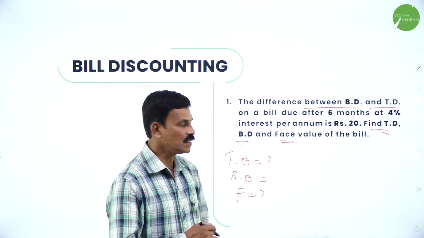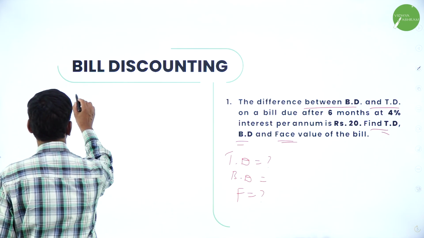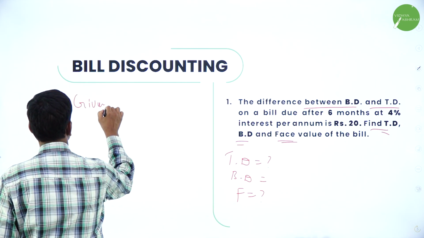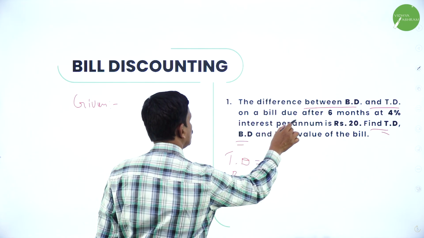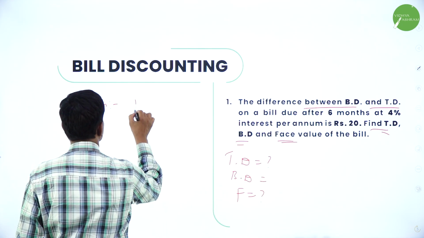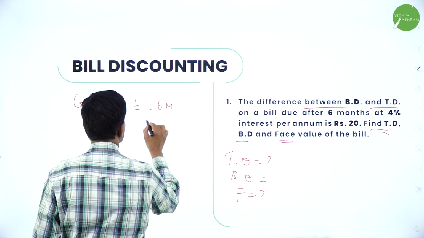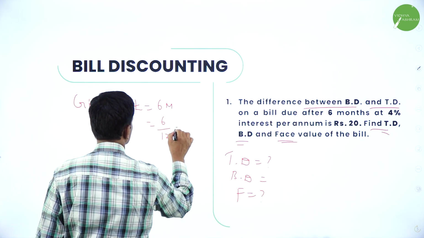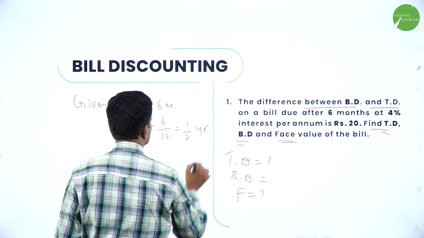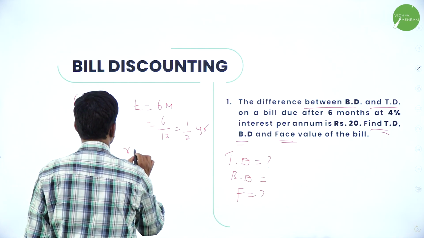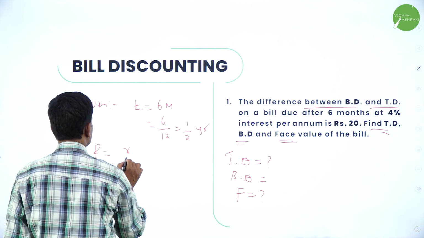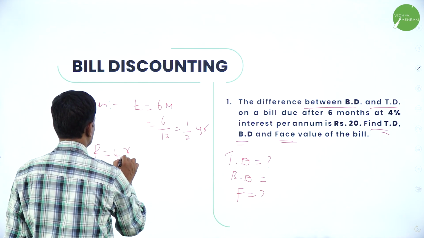Now what is given? A bill due date of 6 months, the time period, that is equal to 6 months, nothing but 6 divided by 12, which is 1 by 2 years, and the rate of interest R is 4%.